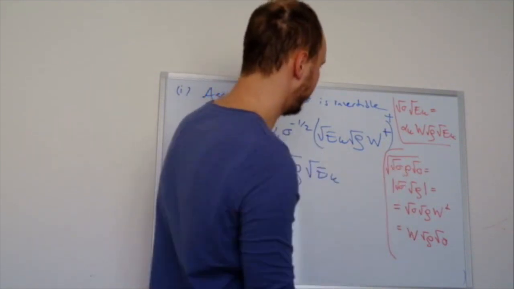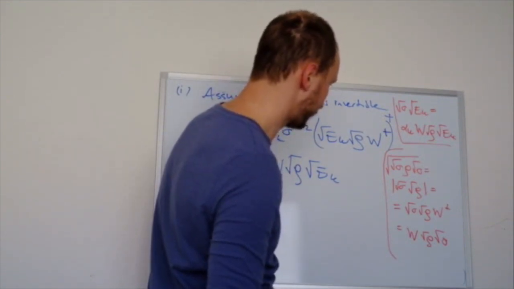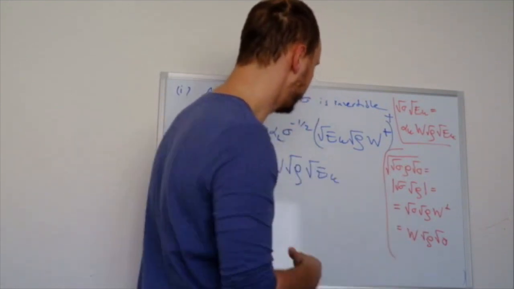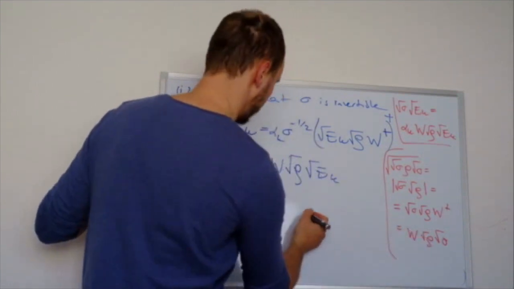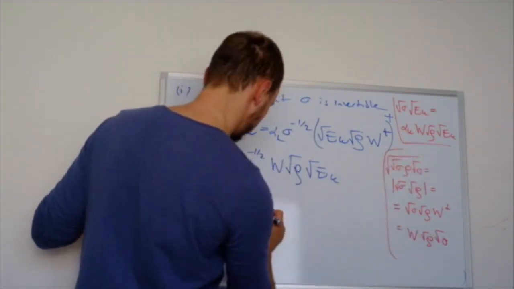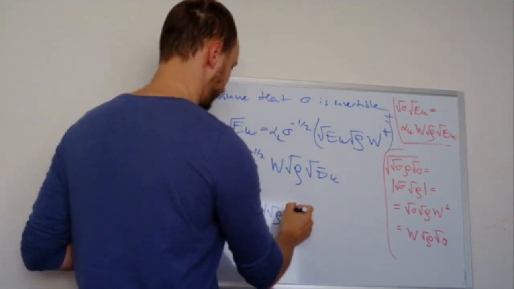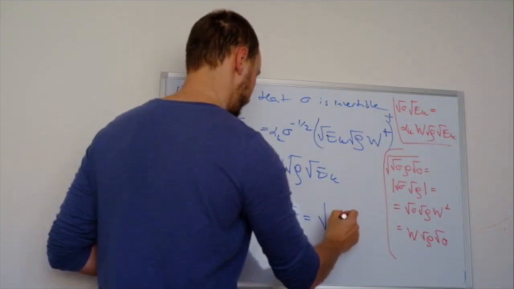It's Hermitian, and then we get that this thing is equal to this thing, or in other words, W square root of rho square root of sigma is equal to our story here.